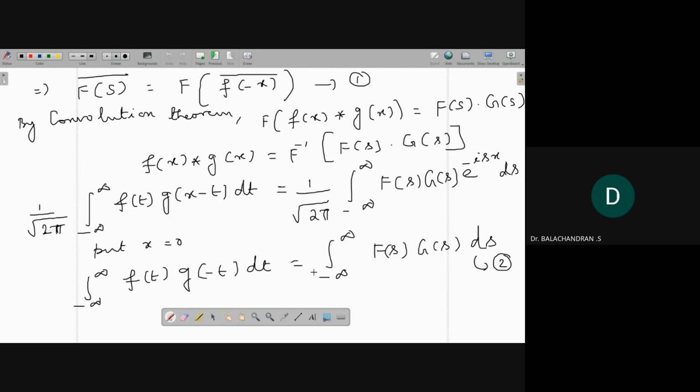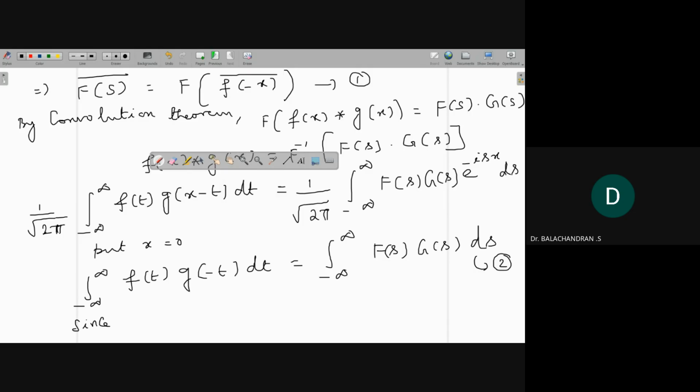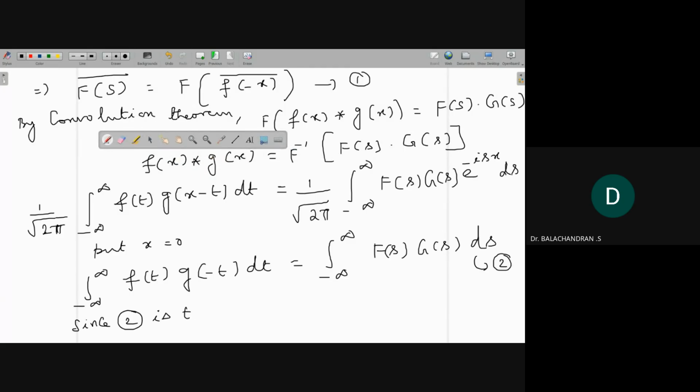Since this equation 2 is true for all g of t, okay, so take g of t is equal to f of minus t whole bar.